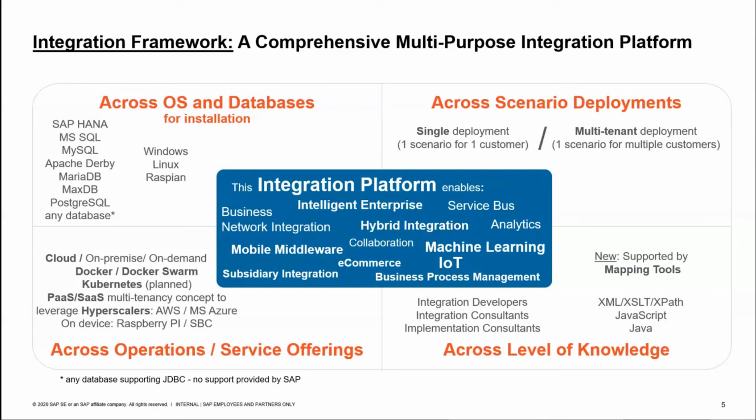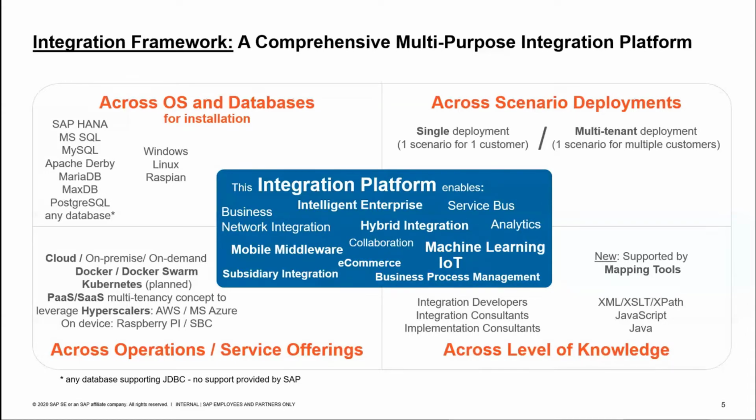This slide shows you what kind of possibilities are coming with the B1i. Let's start on the top left side. From the operating system side, quite a range is supported: Linux, Windows, and a special version of Linux called Raspbian, but we will talk about this later. From the DB side, a huge list.